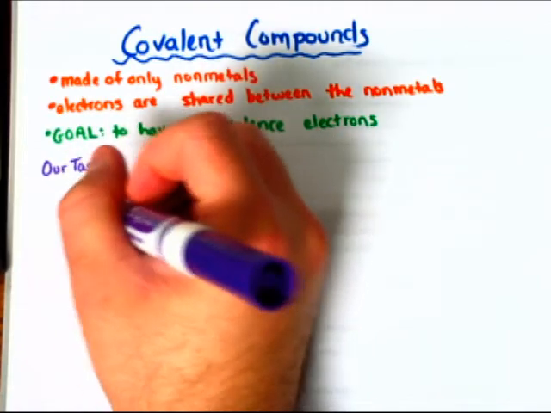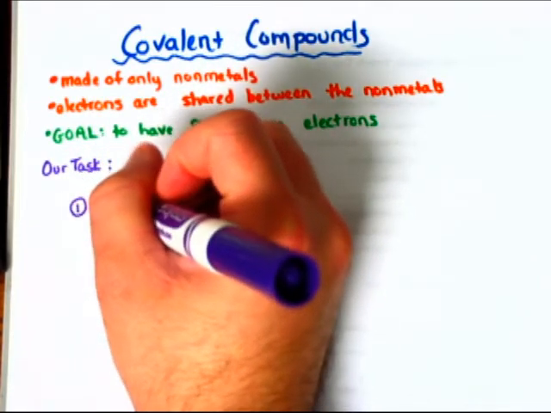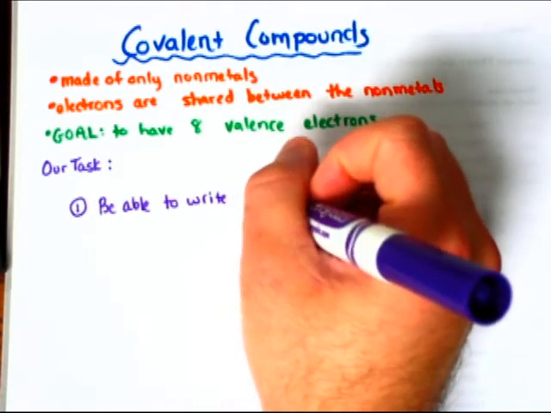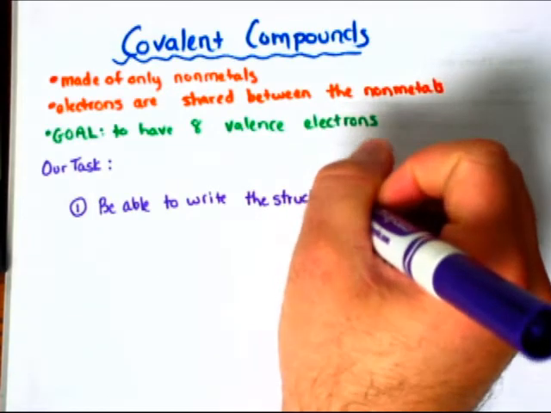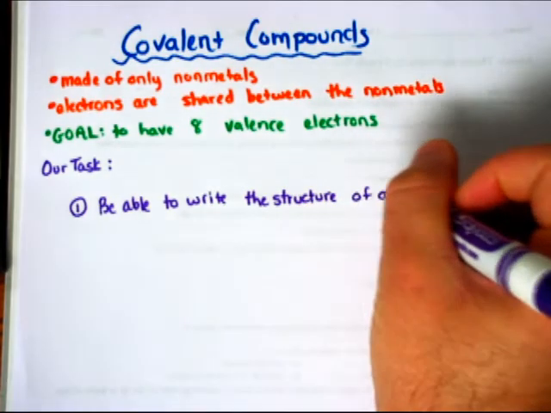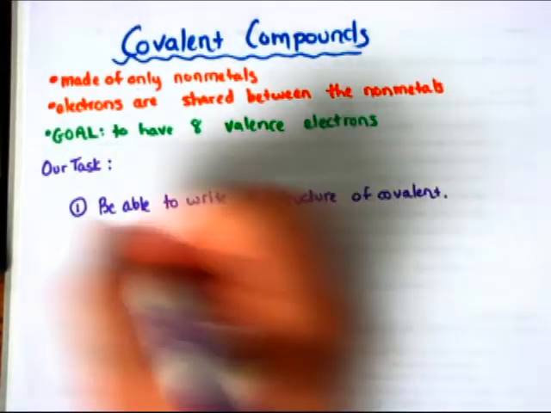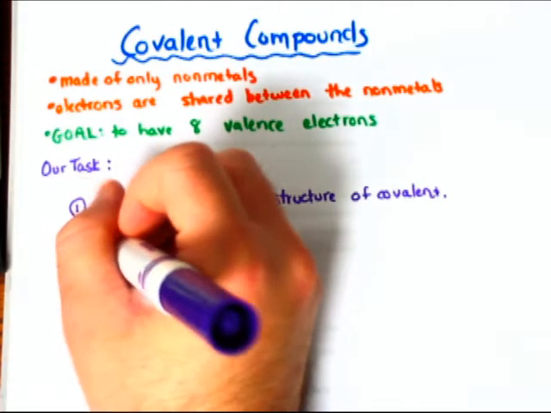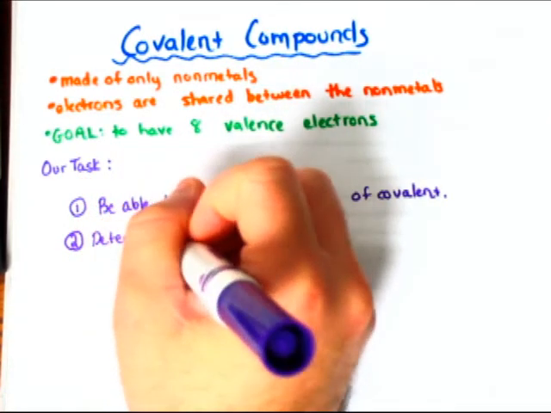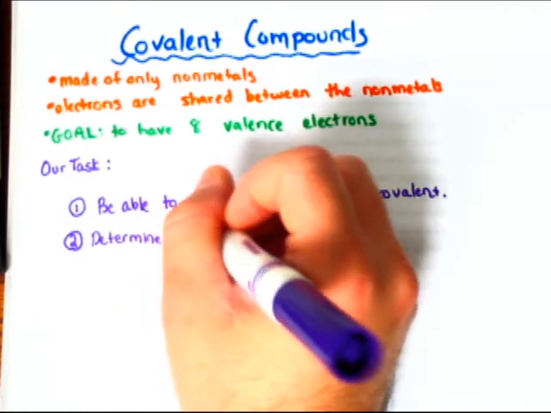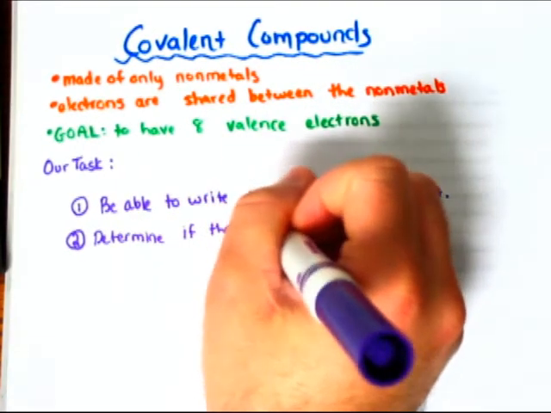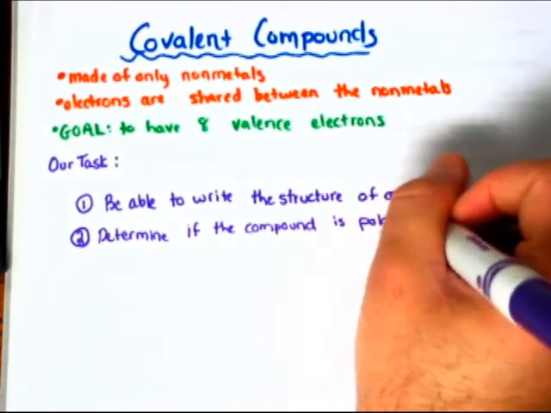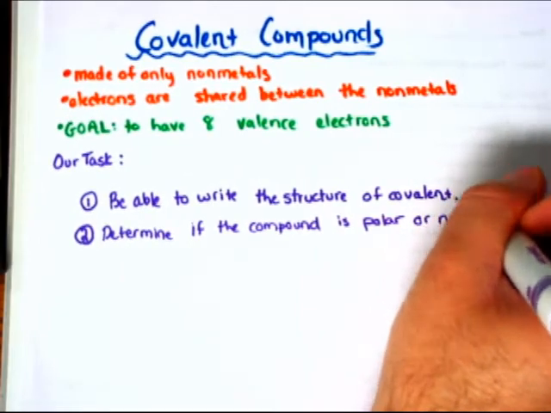We have to, 1, be able to write the structure of a covalent compound. 2, determine if the compound that we have just drawn is polar or nonpolar, and I'll talk more on that in just a second.